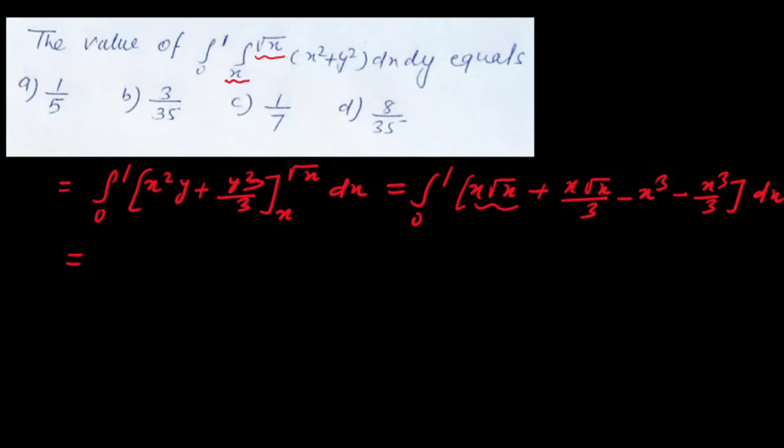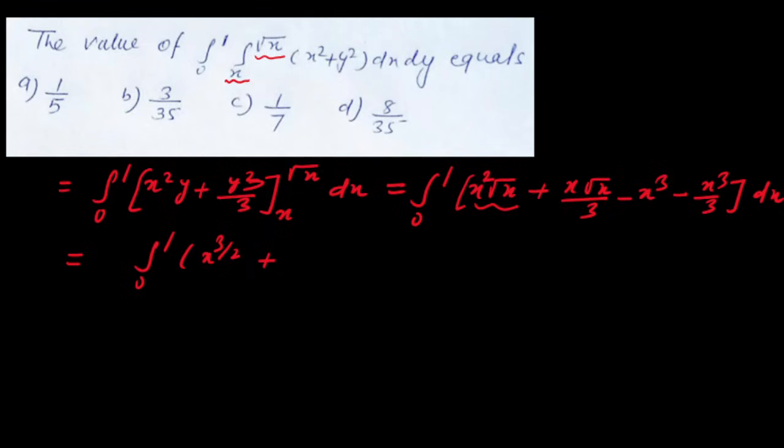Now let us integrate. So x under root x is basically x to the power 3 by 2. Just give me a moment. We have x square, so I made a mistake here. If I put the upper limit, it is x square under root x, right? Because we have to put under root x.